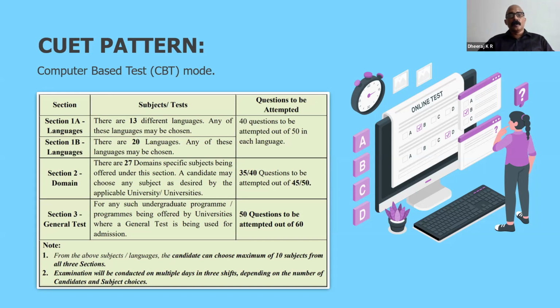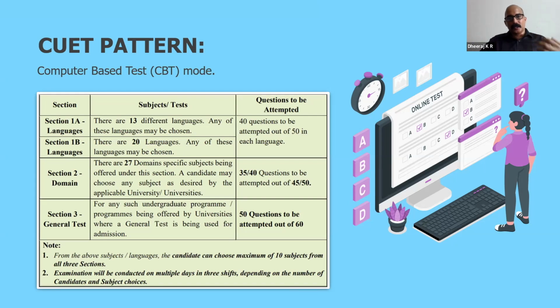Section 1 has 2 subsections, 1A and 1B. You don't need to look into that in detail because section 1 is purely language. There are 13 different languages in section 1A, one is English and the others are regional languages like Malayalam, Tamil, Hindi and other languages.